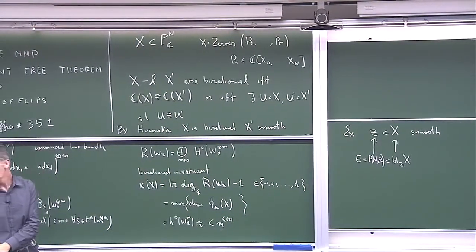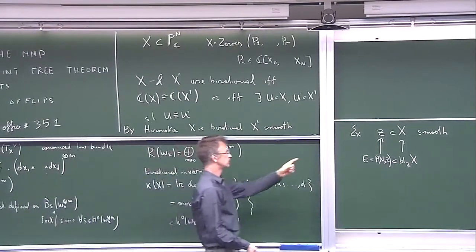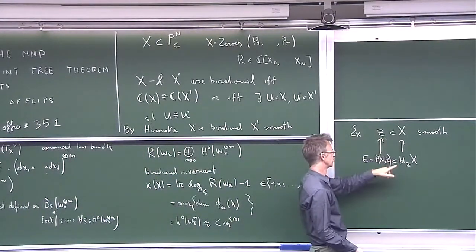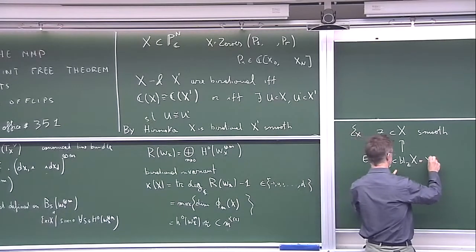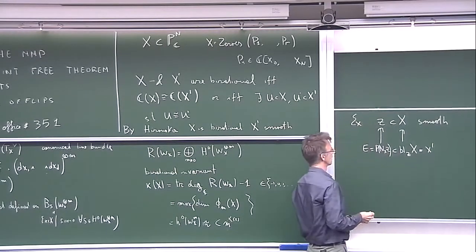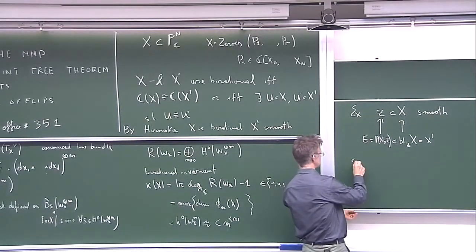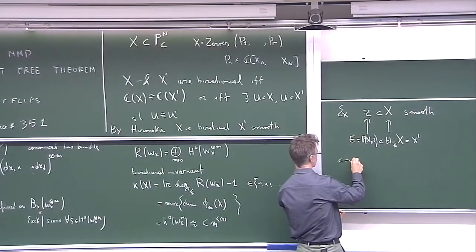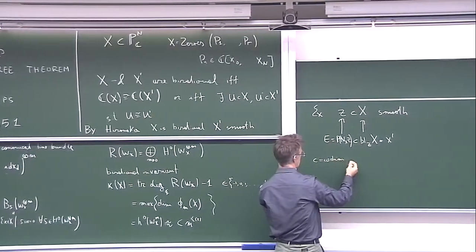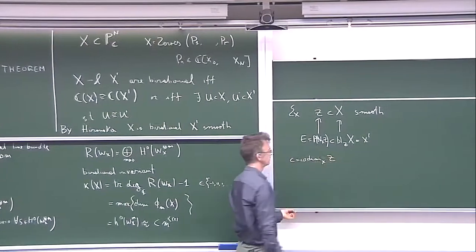And it's very easy to check that when we do this operation, the canonical ring is unchanged. So how would one see that? Well, we need to be able to compare the canonical line bundle of these two varieties. So let's say that c is equal to the codimension in x of z.